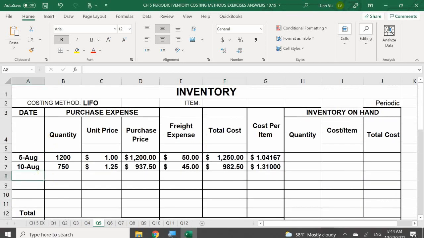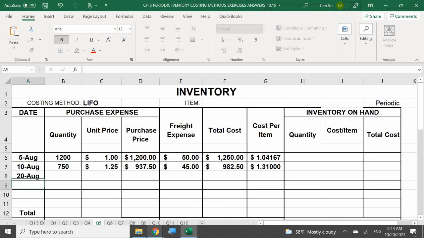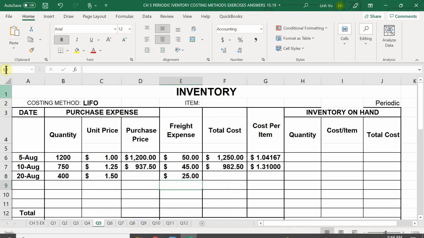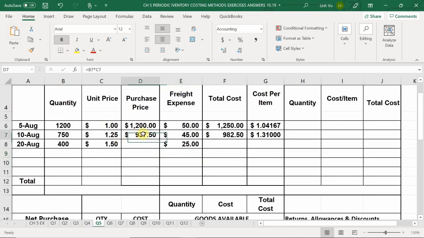So here, what is my purchase price? 600. 600 plus 25, 625.